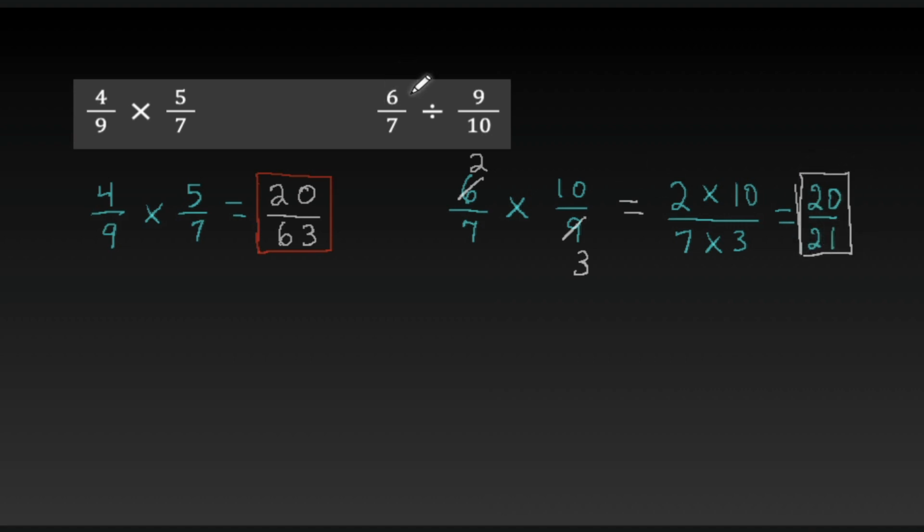Okay, so now let's say that you did not spot that there are common factors for 6 and 9, and you simply multiplied across the numerators and the denominators. Well, you'll have to simplify in the end. So let's show that right now, and I'm going to clear everything out.